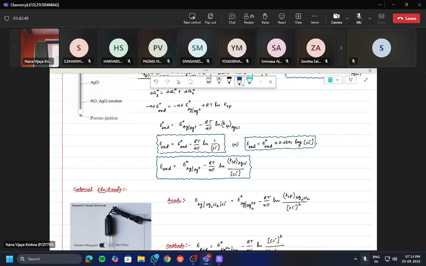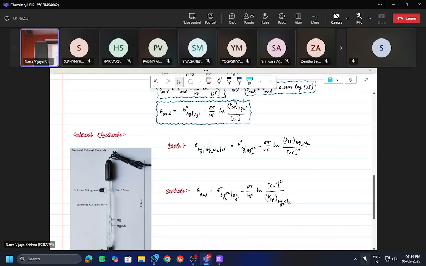Clear? Now in the same way, here also, don't write this. Directly write E naught oxidation. Then what will be this equation? E oxidation equal to E naught oxidation minus 0.0591 by 2 log.